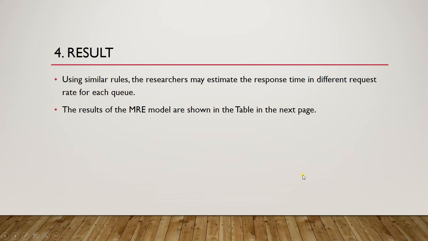And by using similar rules, the researchers can estimate the response time for different requests raised for each queue. The results of the medical record exchange model are shown in the table on the next page.